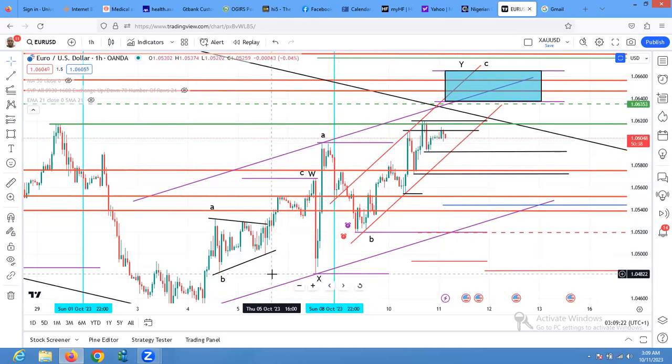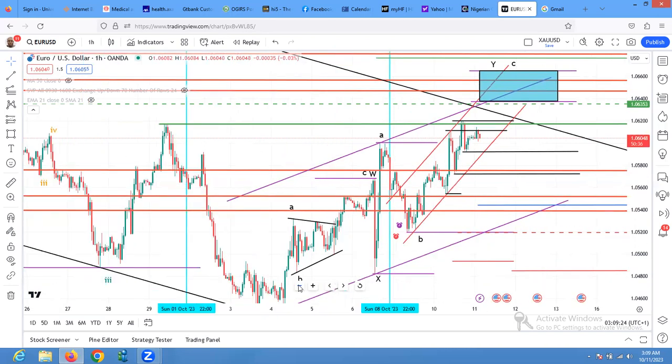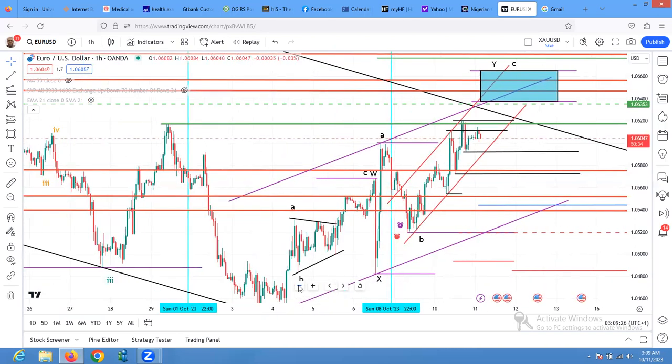Now, the overall view of this is such that we want to see how price is going to break this trend support. At the break of this trend support, be sure that this wave is ended.